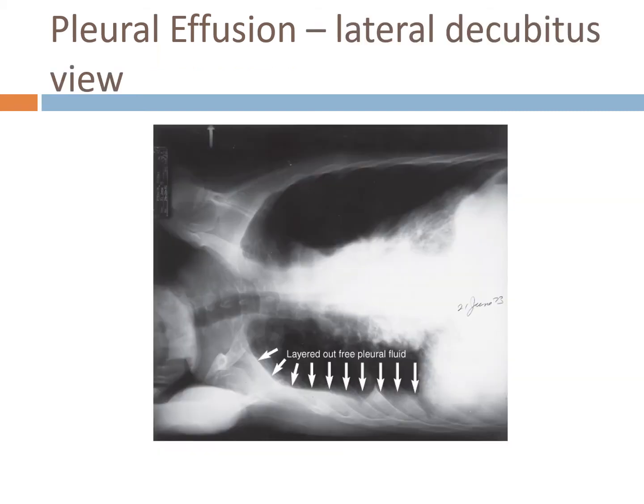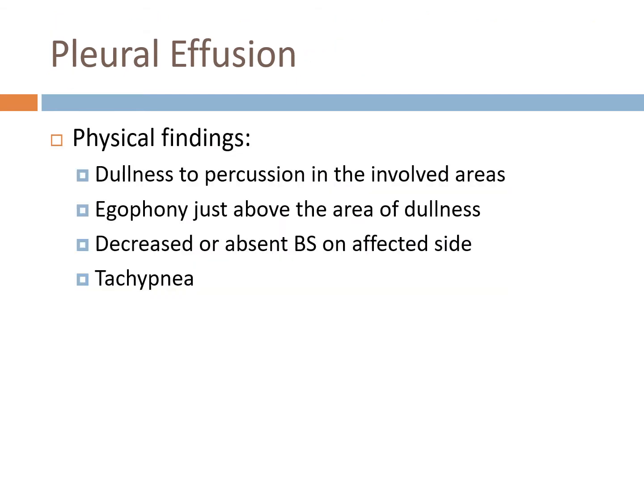Again, have them lying on their side to separate out that fluid. Some of the physical findings: you're going to have dullness to percussion in the areas, egophony just above the area of dullness because it'll be kind of like a space. There might be tachypnea, and decreased or absent breath sounds on the affected side.